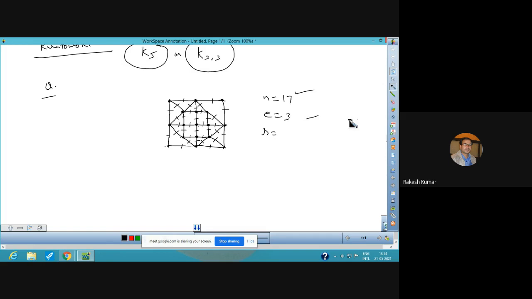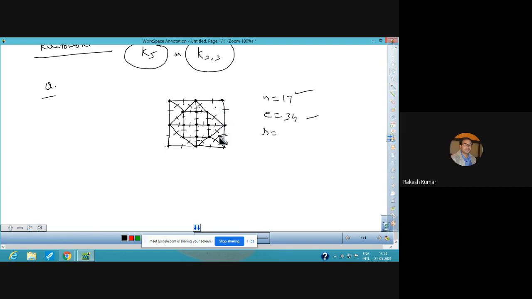Write down 34. 34 edges are there. Now let us write down the regions. I will number the regions. Dots, let us write: dots number 1, 2, 3. This is 4, this whole is region 4.